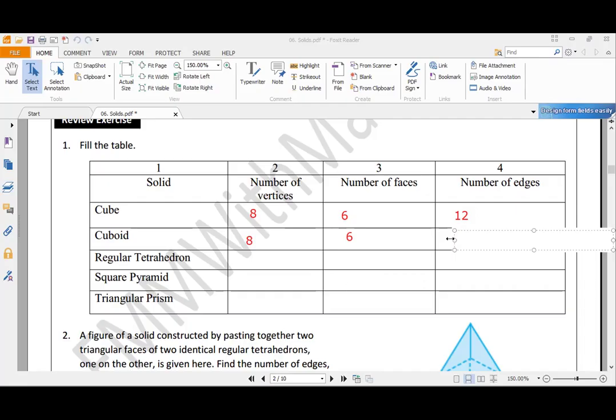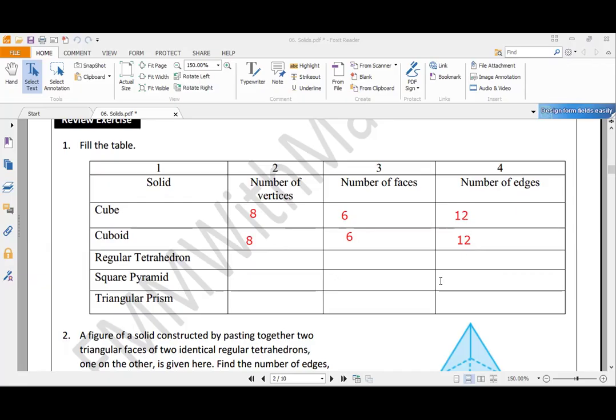Can't remember. 12. 12 is very similar to the cube. So the cube and cuboid are very similar. Both of them have the same number of vertices, faces and edges.